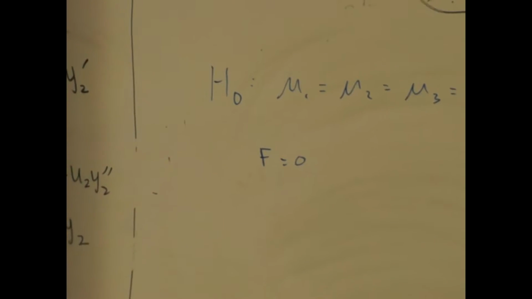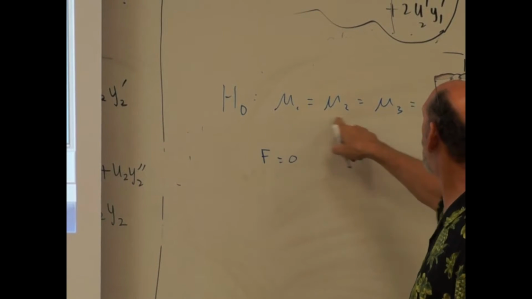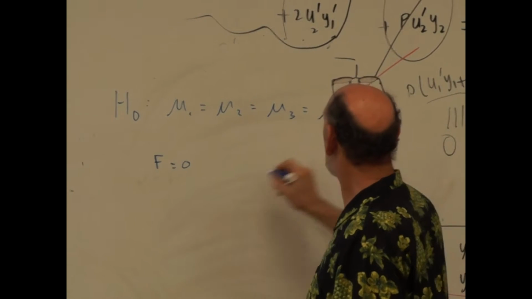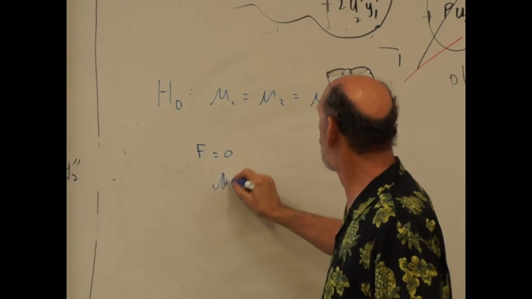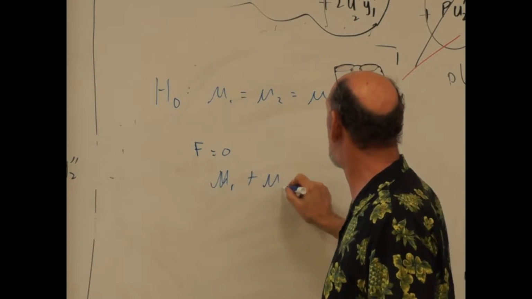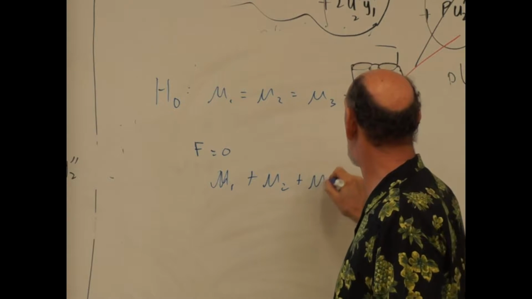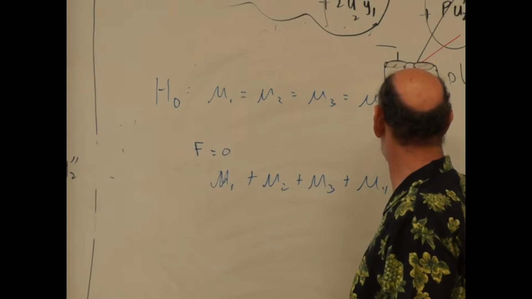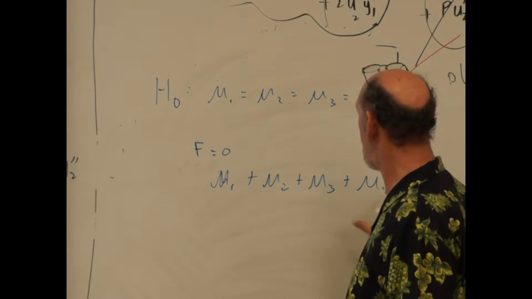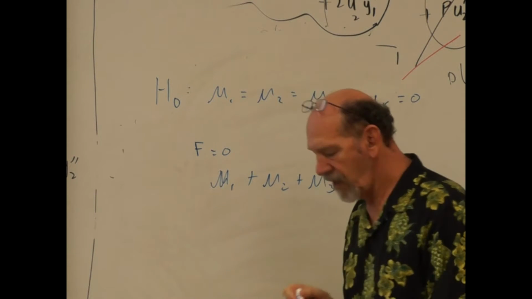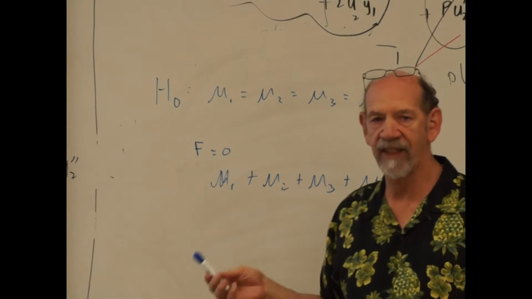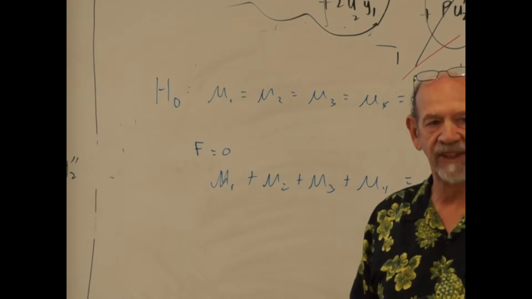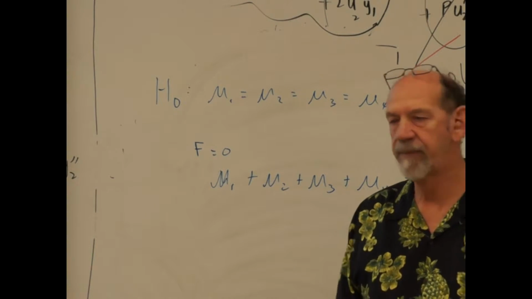So what does that mean? That means this really is y1 plus y2 plus y3 plus y4 equals 0. The point is the coefficients of these things all add up to 0. It means there's no effect.